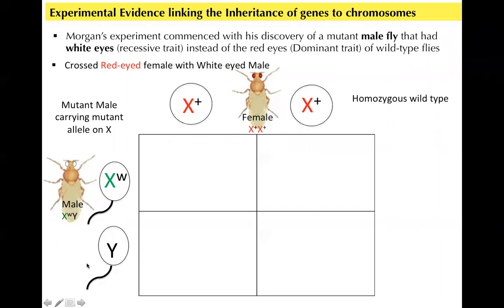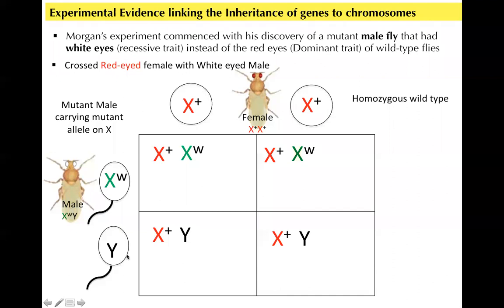With this assumption, when this sperm fuses with this egg, it gives X plus and X W genotype. Similarly, this sperm fuses with this egg, it gives X plus and X W. And similarly, this sperm fuses with this egg, it carries X plus and Y chromosome.